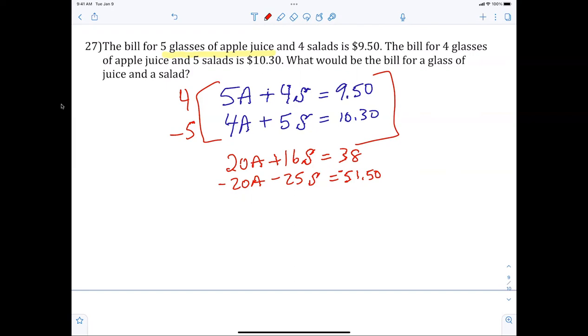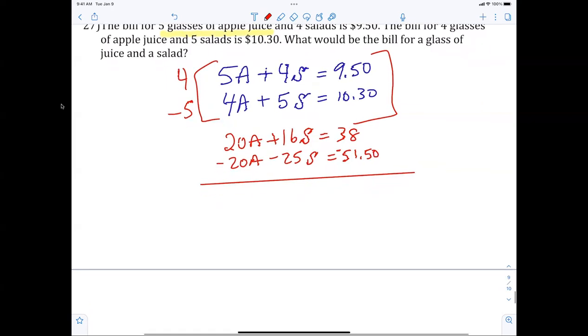All right. Now, we ended up with what? Negative 9s. Thank you very much. Equals negative 13.50.